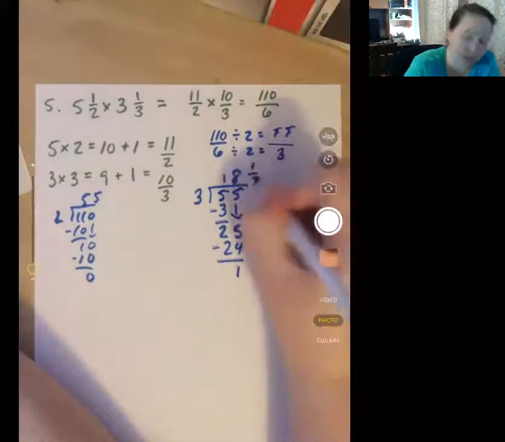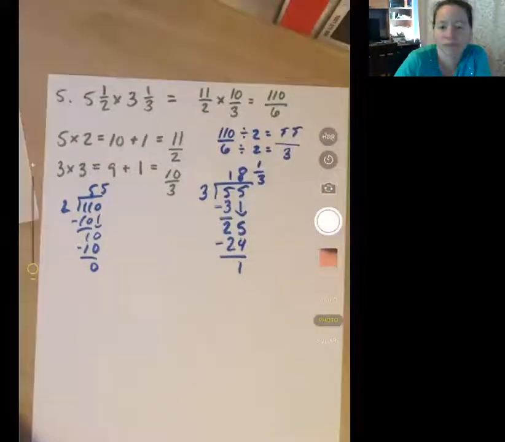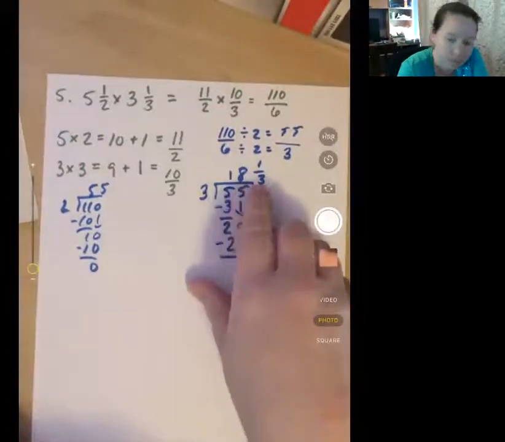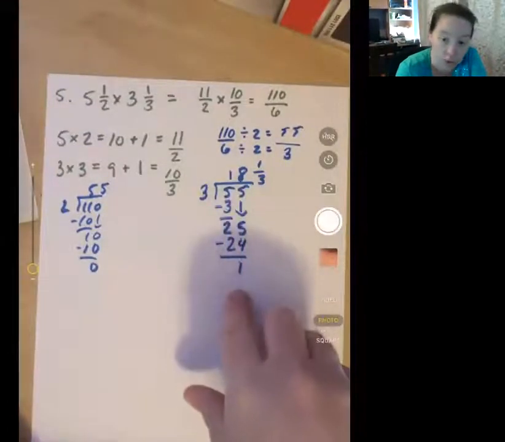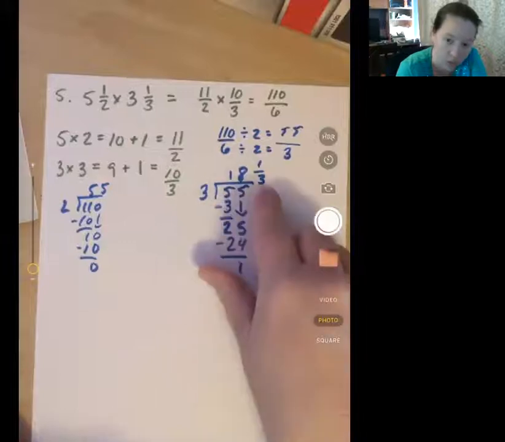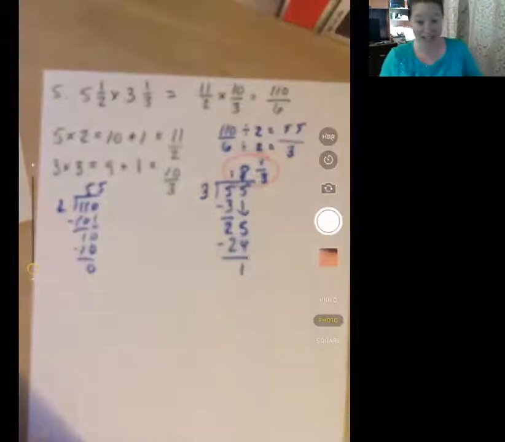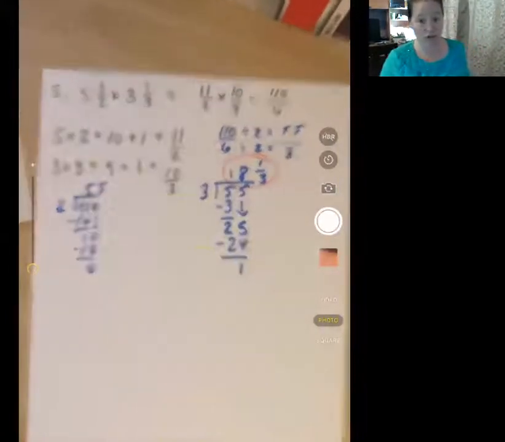So we end up with 1/3. Sorry about that, you guys. So I just rewrote what was left over, the 1 there, over the 3 for 1/3. So our answer for number 5 ends up becoming 18 1/3.